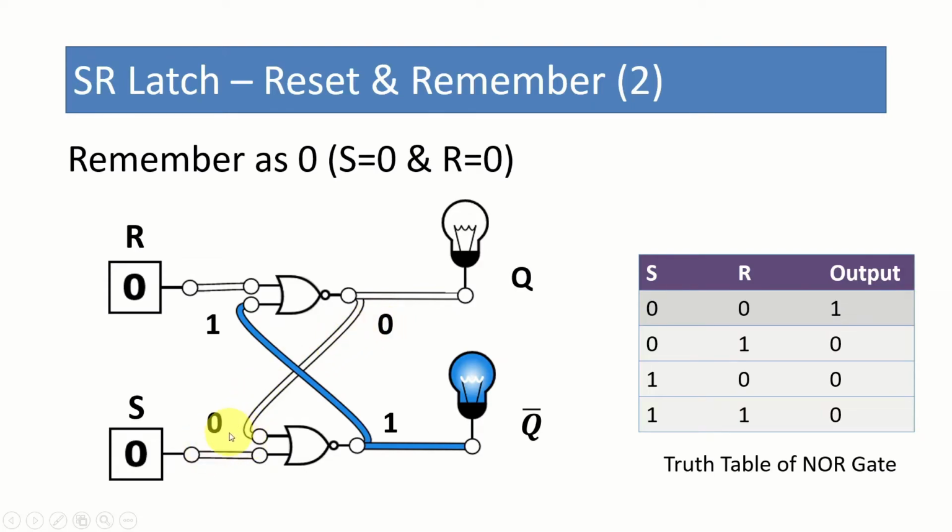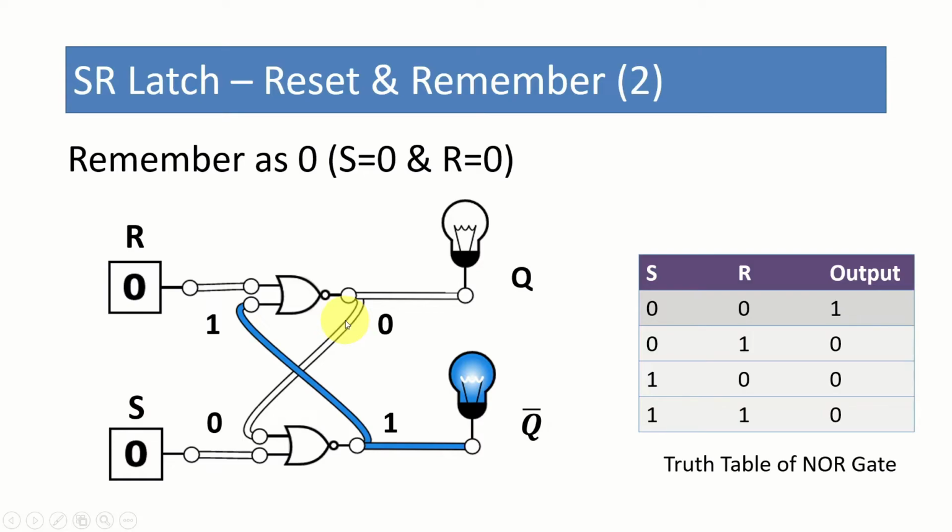When both are 0, the output is 1. So therefore, yes, it is going to be 1, and that 1 is fed in here. When at least one input is 1, the output is 0, and this is going to saturate into the previous situation again. So even when both inputs are 0, it is still going to retain 0.